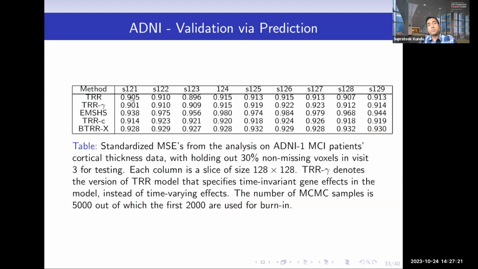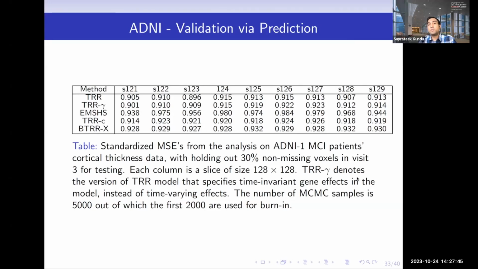So this version has time invariant covariate effects. And you see that for this slice, the performance is comparable. The time invariant effect does better. For this slice, it's comparable between the two. This slice, clearly, the time invariant covariate effects has a better predictive performance. This slice, it's comparable. Again, this slice, the time invariant effect does well. Similarly for this slice, this slice, this slice, and so on.